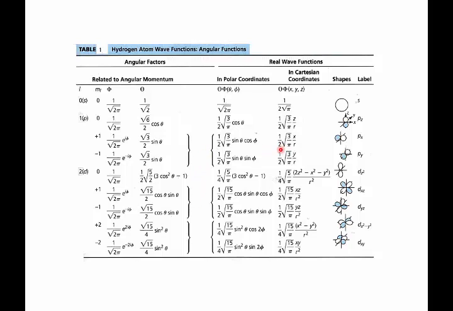Now here's a table that has a lot in it. This table lists the actual mathematical functions for the angular parts, both in polar and Cartesian coordinates. In class we'll go over this in more detail, but you can just look and behold that for now.